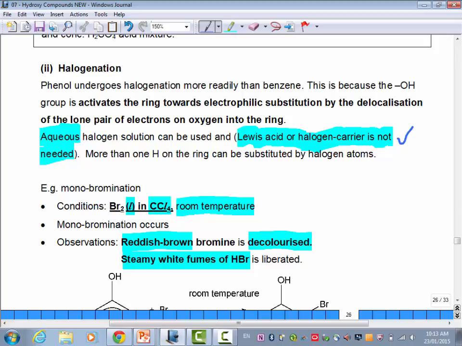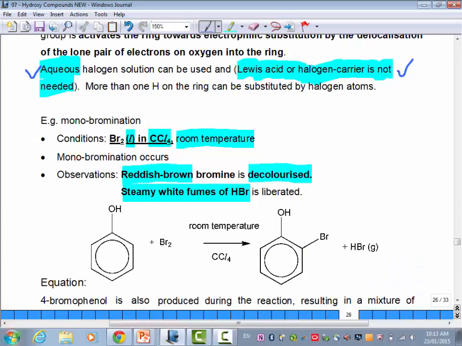So when you don't need your halogen carrier, you can use aqueous medium, because the aqueous medium will destroy the Lewis acid catalyst, your halogen carrier. But now you don't need it, so you can use aqueous medium. If you want a mono-substituted product, you can react phenol, which is dissolved in a non-polar solvent like CCl4, with bromine at room temperature.